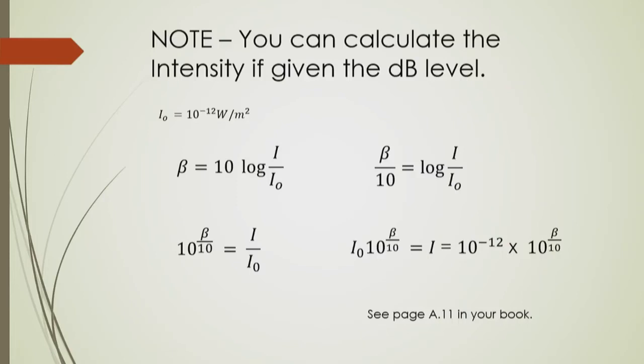It's one of those things you'll probably want to have on there. And so if they give you the decibel level, you can go back and calculate it and just reverse it. But again, since you haven't used logarithms in a while, I suggest that you practice a couple of these, because it really does help.